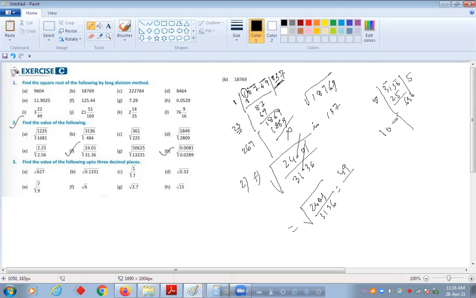Now what will the number be? We'll multiply with 6, which gives 636. So we multiply with 6, then 56 will be the answer. The answer will be 49 by 56. You can cut with 7. 7 eights are 56, and 7 sevens are 49. So it is 7 by 8. Easy, understood?